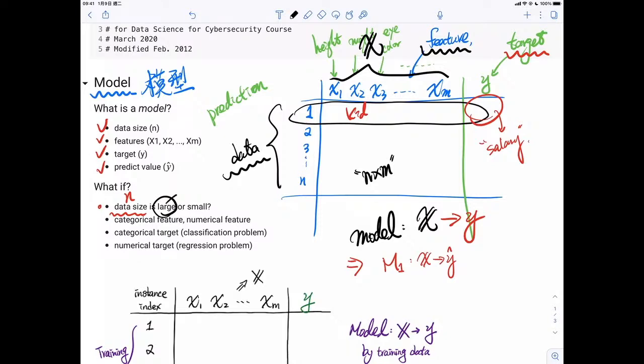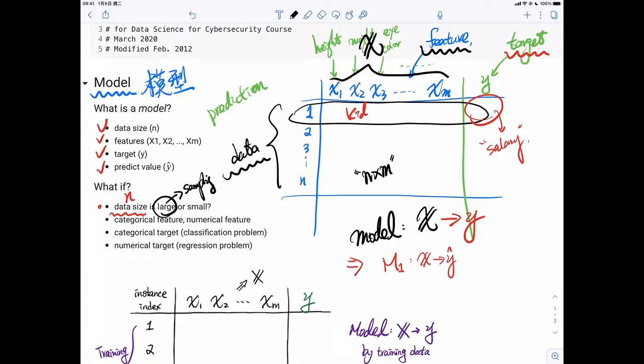From the perspective of statistics, we can do sampling, right? If the amount of data is too large, you can simply perform sampling on those data.